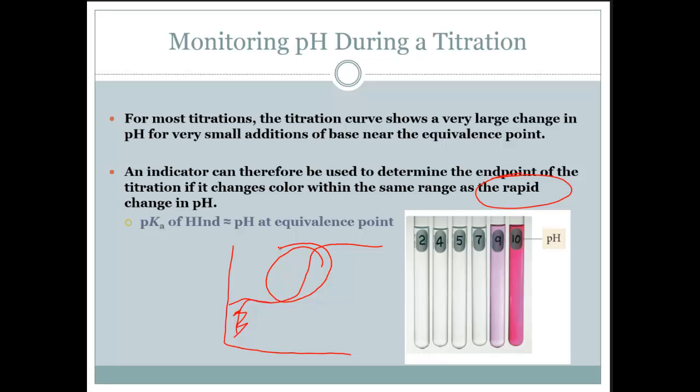The pKa of the weak acid of the indicator is approximately the pH at that equivalence point. And that's how you use indicators and how to monitor the pH during a titration.